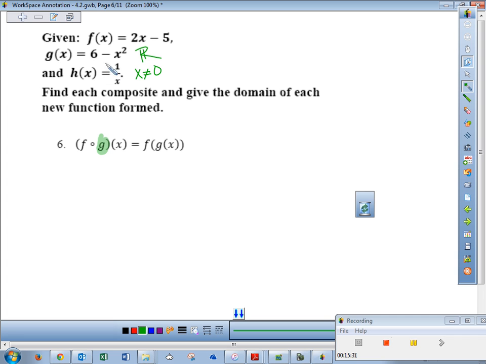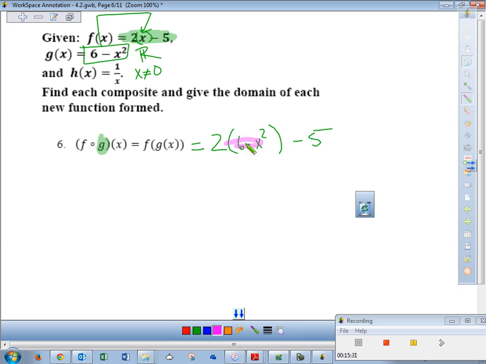I need to put g into f is what I need to do. So this guy goes in for x into the f function, right? I just do straight substitution. So this will equal, I'm going to copy him down, but wherever I see that x, I'm going to put 6 minus x squared in instead. This is the g function, correct? He went in for x.